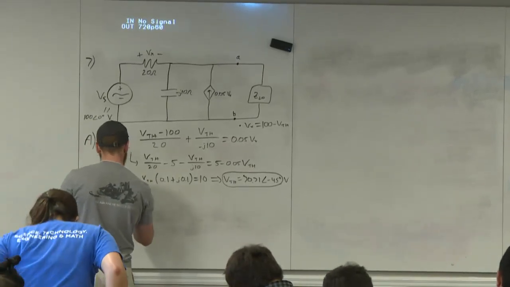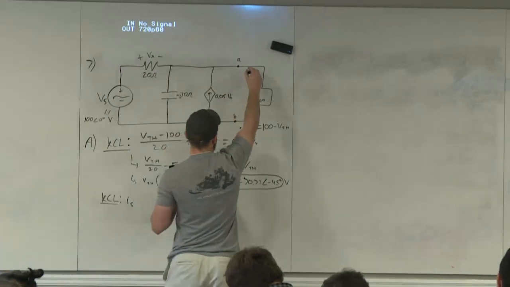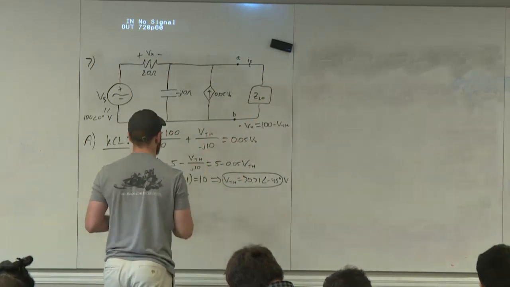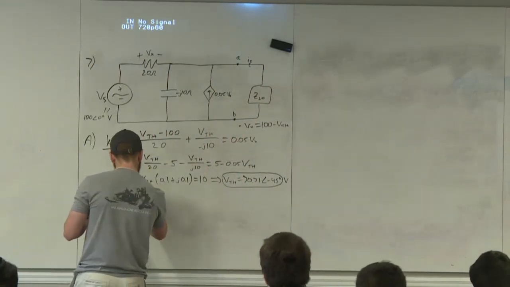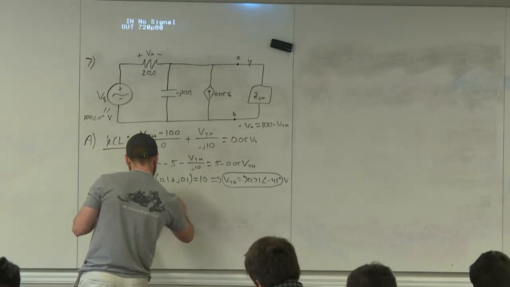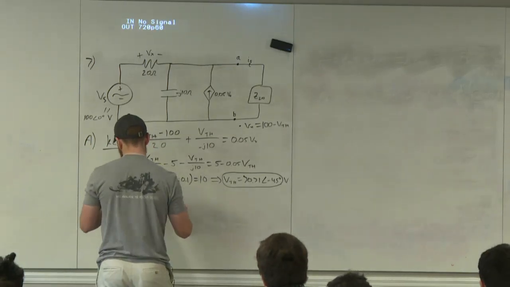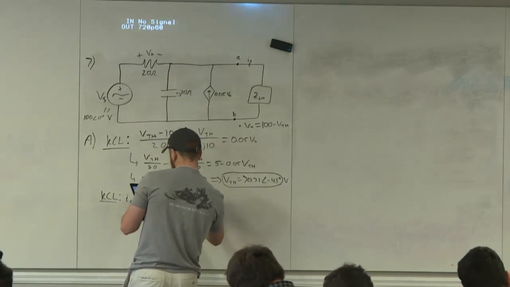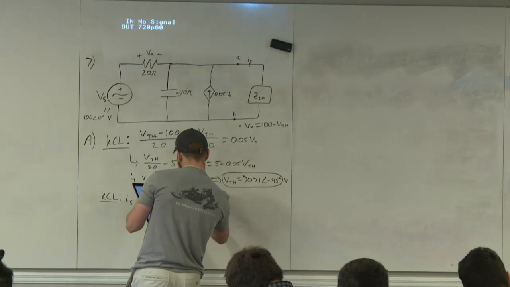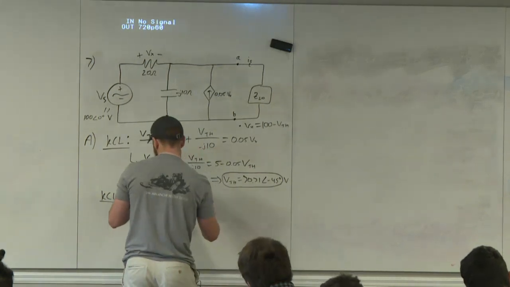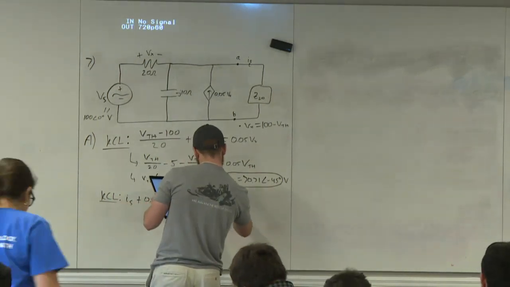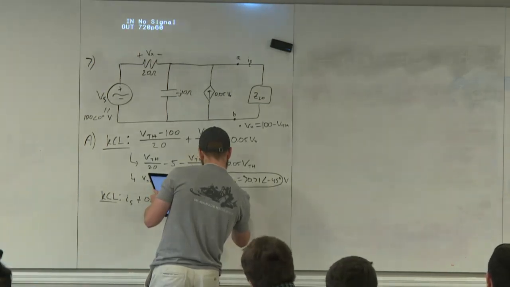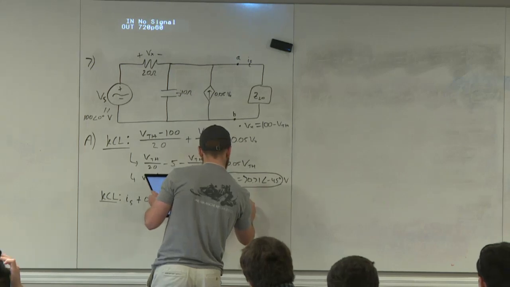It's IS, coming from our test source, plus 0.05 VTH minus VTH over 10 angle negative 90 degrees minus VTH over 20 angle 0 degrees is equal to 0.